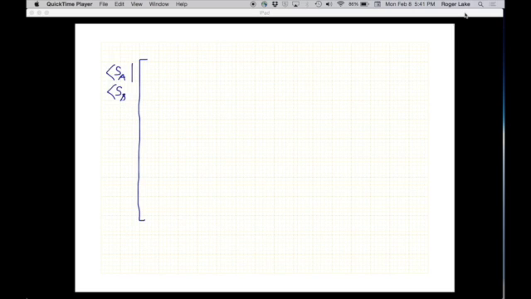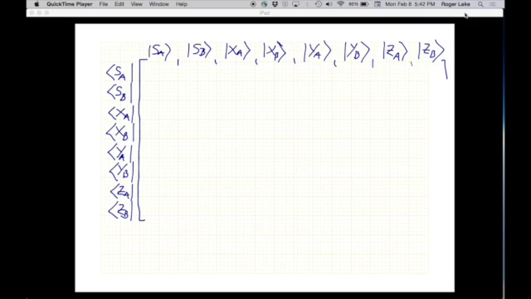So what I'm going to do is order them in a way so that all the elements that have a matrix element between them, I'm ordering next to each other. So XA, XB, YA, and YB, and ZA, and ZB. And you got to do the same ordering across the top.